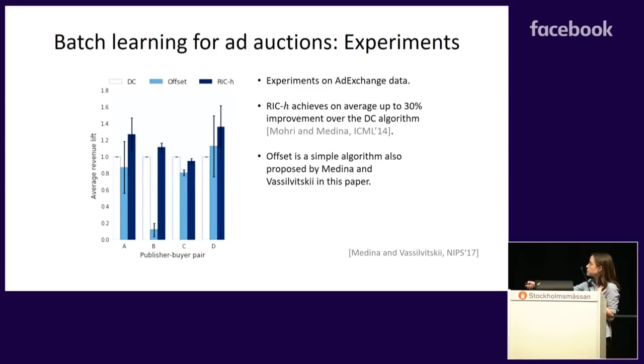DC, which was proposed by Mohri and Medina in ICML 2018, offset, which is a simple algorithm they proposed as a warm-up in this paper from NIPS 17, and their own algorithm, RICH. And you can see that they've normalized the revenue so that DC is 1, and in general, RICH is going to obtain a 30% revenue lift over this DC algorithm.